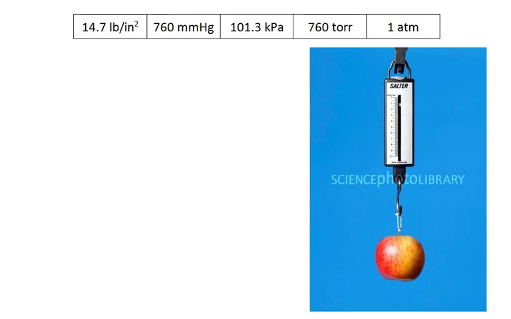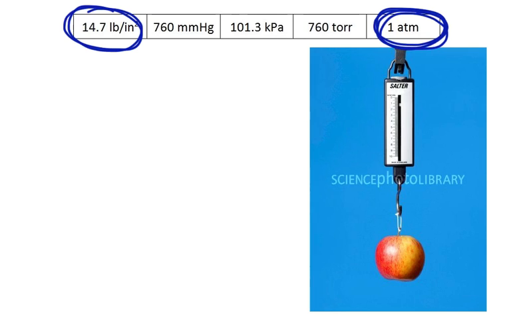Now, the numbers we're going to be using for this are the pressure that is exerted by the air. Like 1 atmosphere's worth of air at sea level, we just call that 1 atm, 1 atmosphere's worth of pressure. If we look at that same amount of pressure in terms of pounds per square inch, it turns out to be about 14.7 pounds per square inch.